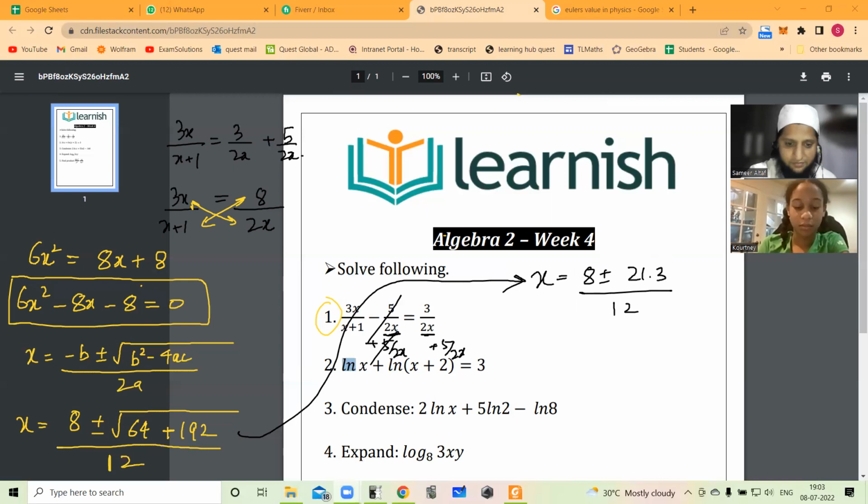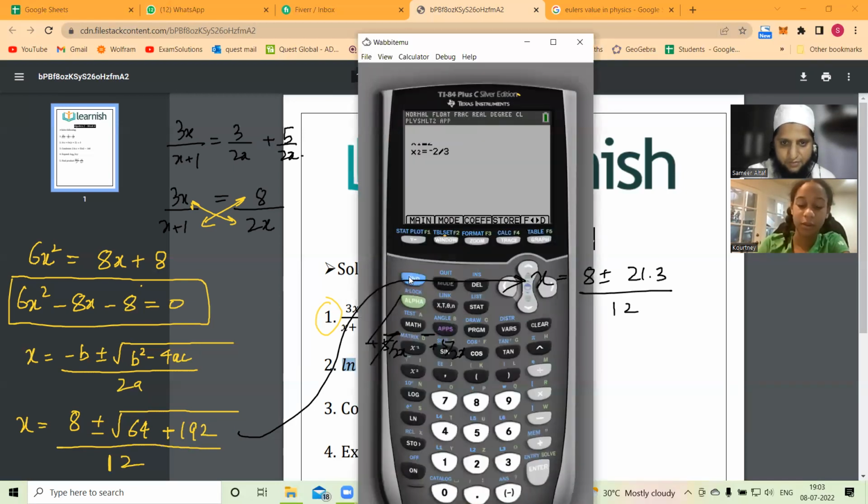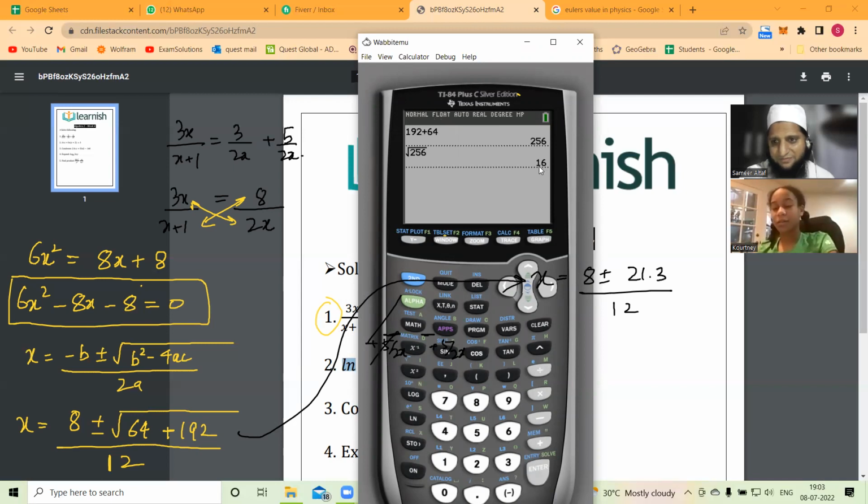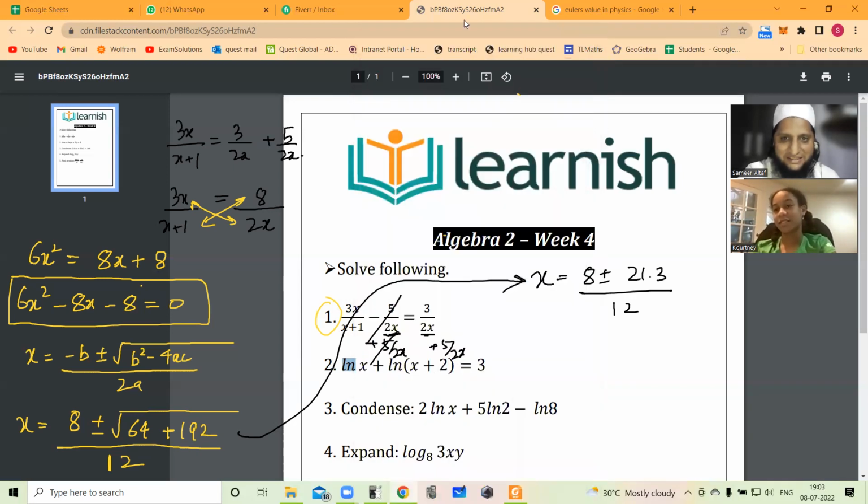How much was that? 64 plus 192 equals 256. Did you get 256? Yes, I did. So the square root of 256, that's 16. Sorry, I messed something up. That's what I was thinking, like why did I get a decimal. Okay, so it's 16. So I'll write 16 here.